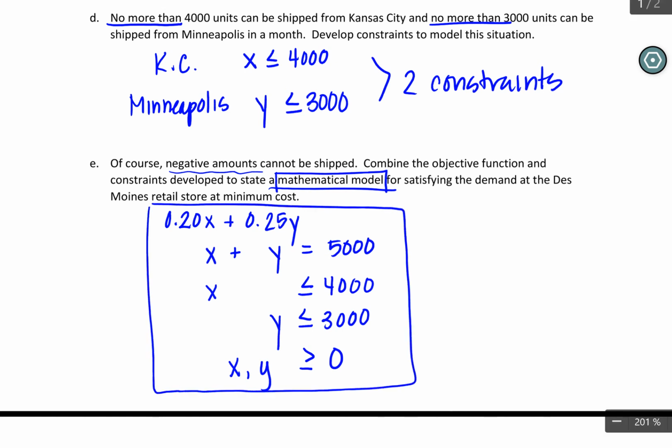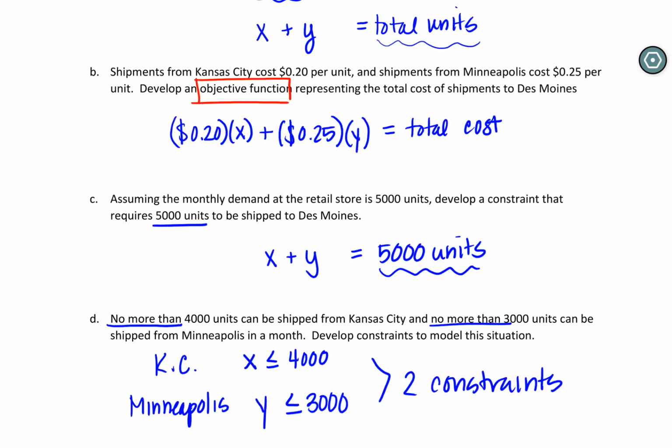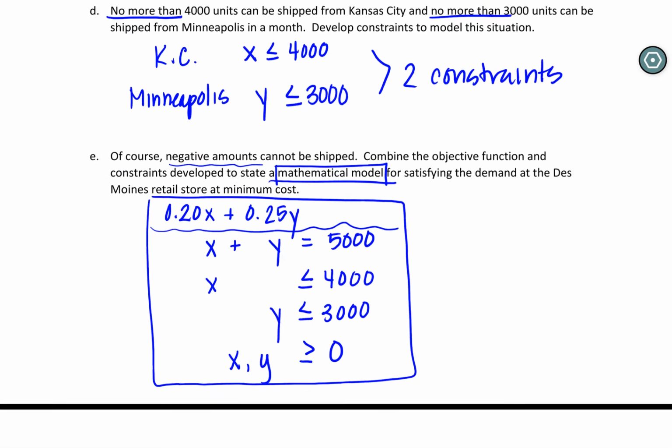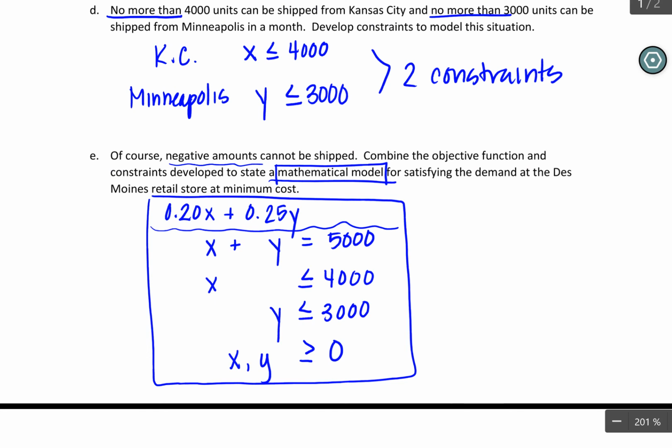So all of these combined create our mathematical model. Now what is important here is up here, our top line, that is our total cost. If we scroll back up and look, that was our objective function. So this might be a good spot to remind yourself, that's our objective function. That function will help us calculate our total cost.